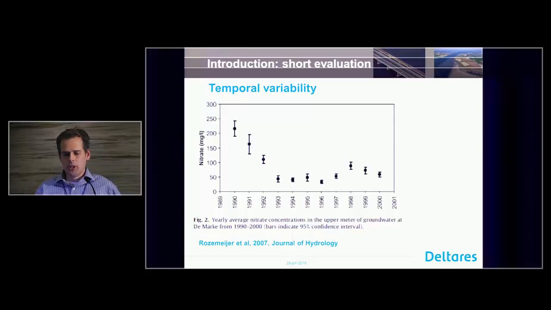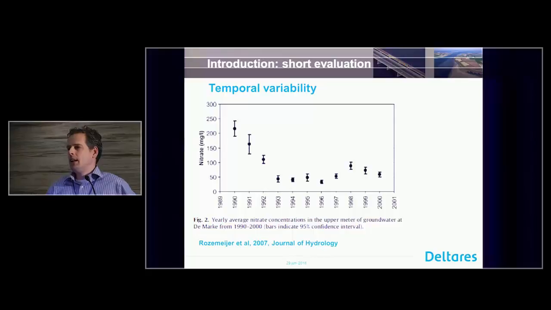That experiment started in 1990, and as you can see, they were very successful because, well, here they had a party because they were below the 50 milligrams per liter. But afterwards, they're still implementing new best management practices, but concentrations went up again.